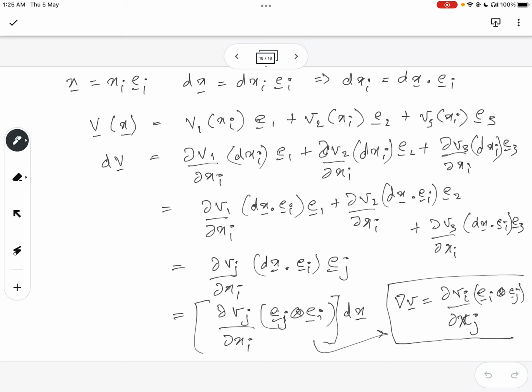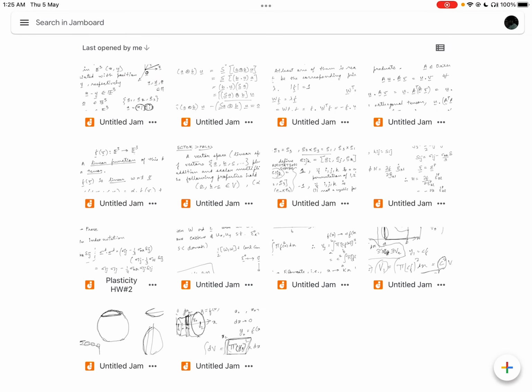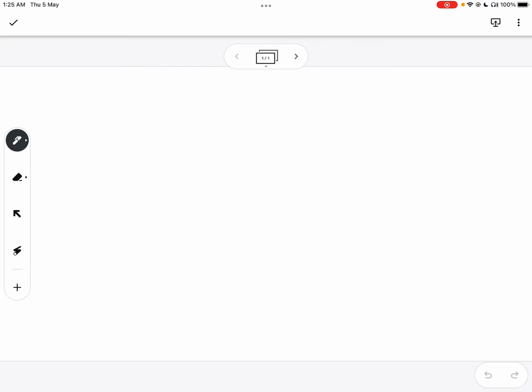As we had seen earlier with the scalar field, we can also see the components of the gradient in the polar coordinate system.